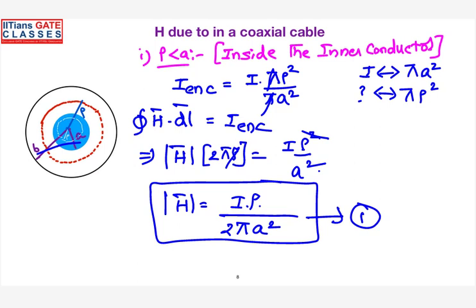Now here is an exercise. What will happen when you consider a loop completely outside the coaxial cable, that means when rho is greater than B? Do the same method and tell me the magnetic field intensity. You can take time, not a problem.